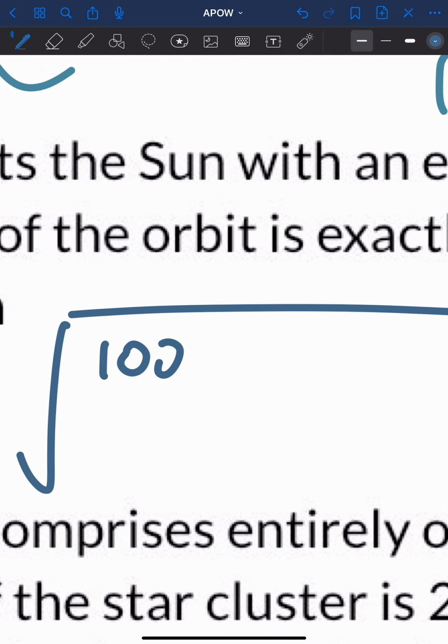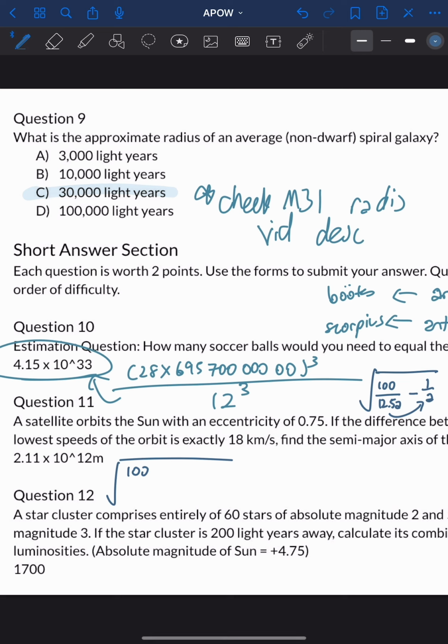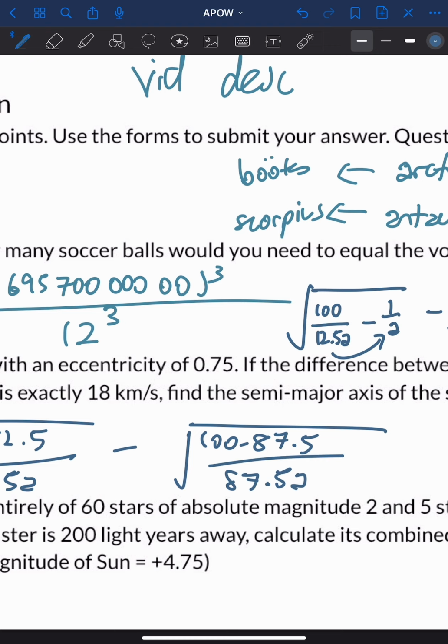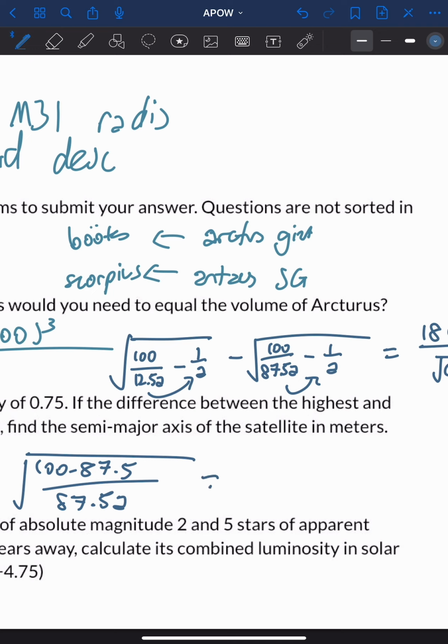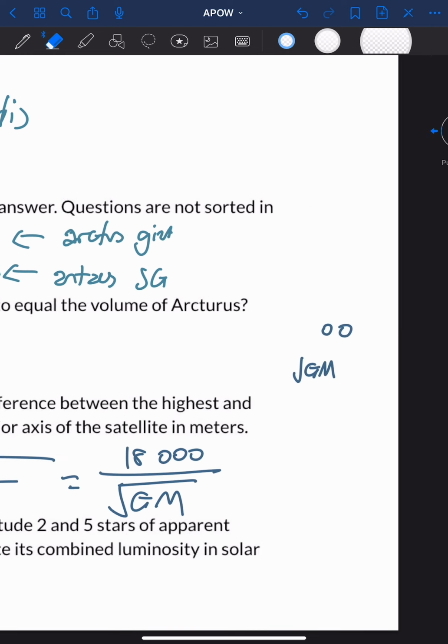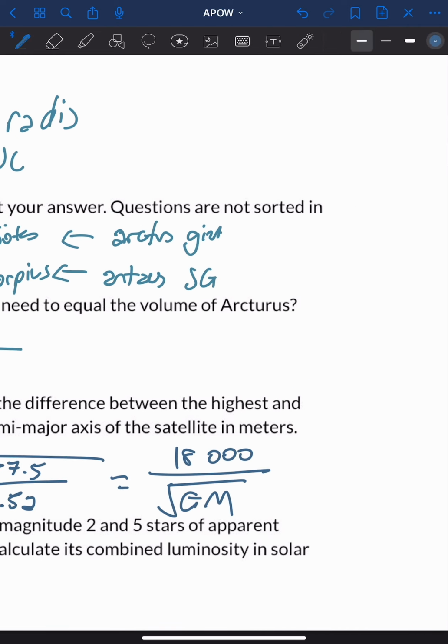Basically, over here you have 12.5, so you can take this minus 12.5 and get 12.5a. Then you can take 100 minus 7.5, and you have 87.5a down here, right? And all this is equivalent to this.